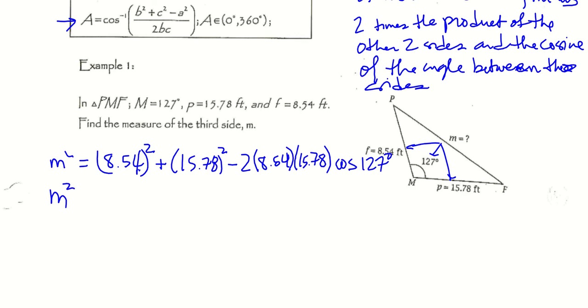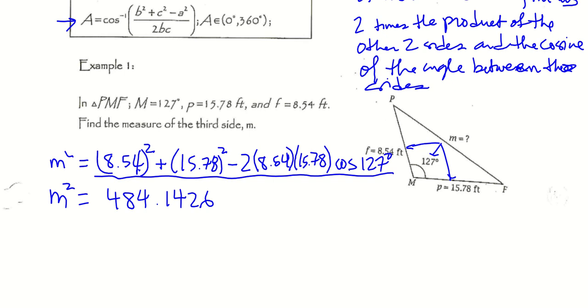So we can put all of this in our calculator, making sure our mode is in degrees, and we get that M squared must equal 484.1426. If we then take the square root of both sides, we get that M will equal plus or minus 22.0032.